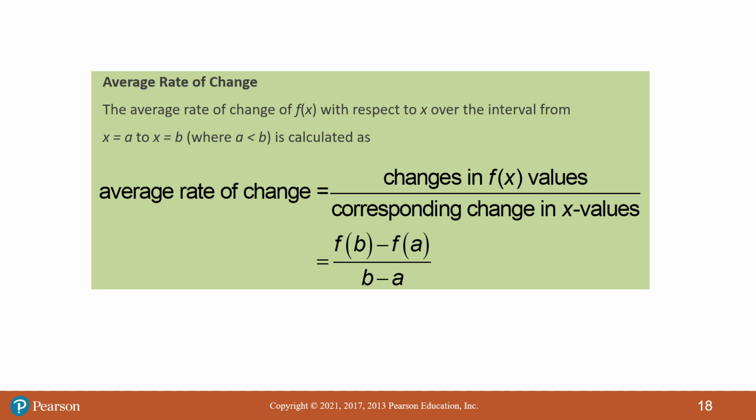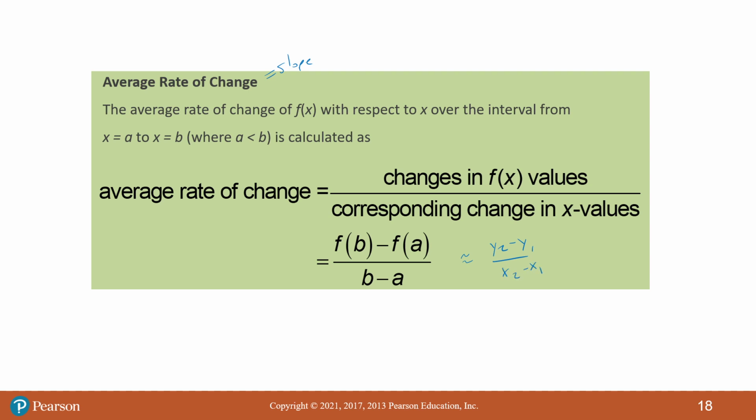The average rate of change of f of x with respect to x over the interval from x equals a to x equals b, where a is less than b, is calculated as the change in f of x values over the corresponding change in x values, or f of b minus f of a over b minus a. Notice I say that the average rate of change is essentially the same thing as slope, because this formula looks really, really similar to y2 minus y1 over x2 minus x1.